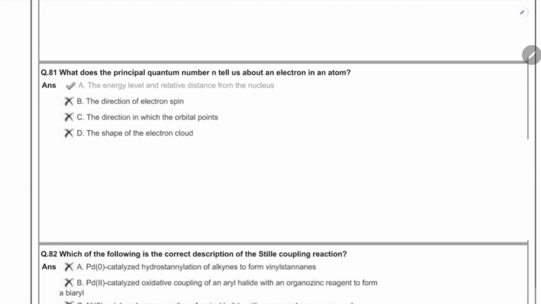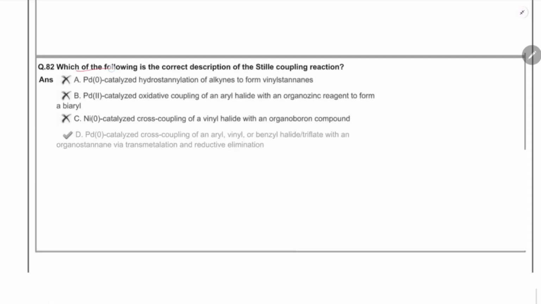Option D is correct. What does the principal quantum number n tell about the electron? It tells about the energy level and distance from the nucleus. Option A is correct. Question number 82: which of the following is the correct description of the Stille coupling reaction? Let's draw the mechanism. This is an aryl halide, and in presence of palladium 0 state, this will bind to palladium.